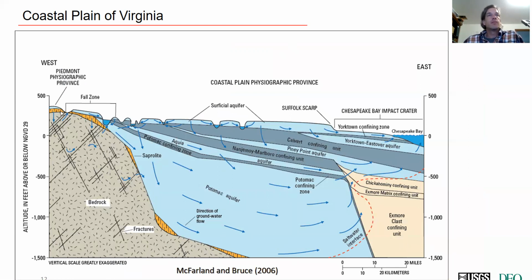And so on the west, we have the fall zone. Lots of cities were built right on the fall zone. If you remember from your Virginia history, Richmond, obviously, Fredericksburg, because they could move barges up the tidal portions of the river and drop off their goods at a city located pretty far inland. And barges at the time going up and down the river were one of the easiest ways to transport goods. So anyway, you go from the fall zone on out to the Chesapeake Bay on the east side.